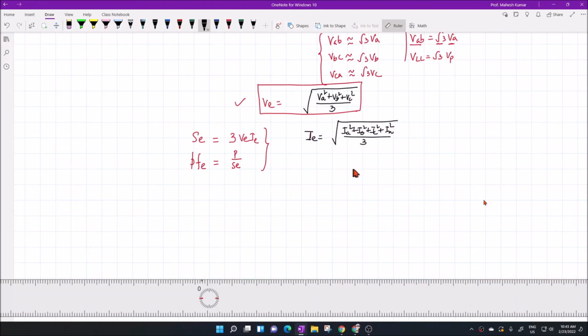So for the previous example, IC is 0, IN is 0, and IA is the same as IB, which is I. So this becomes the square root of 2 into IA square by 3. You can find this. So this becomes root 2 by 3 into I, A, or simply I, which is the same as IB. This is IE.